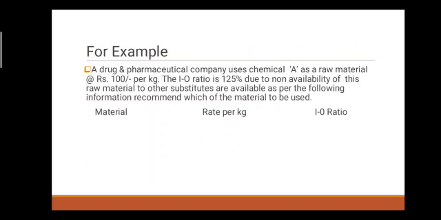The information includes materials, rate per kilogram, IO ratio. In that, first, material A1 has a rate per kilogram of rupees 150 and IO ratio 110%. And second, material A2 has a rate per kilogram of rupees 120 and IO ratio is 140%.